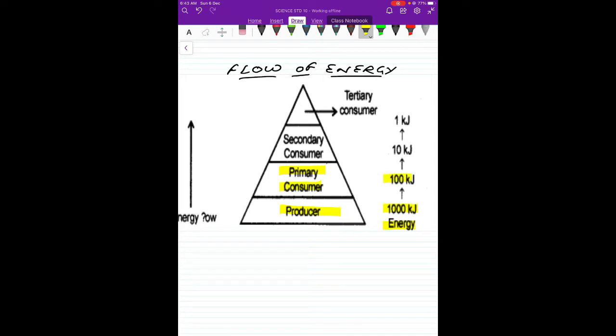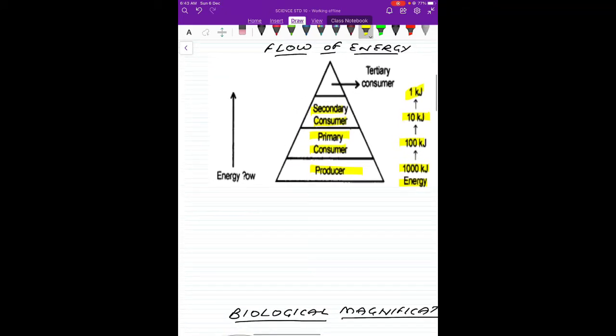The 10% is 100 kilojoules. This is eaten by the secondary consumer. 10% of 100 means 10 kilojoules. Then it is eaten by the tertiary consumers. So this is called the flow of energy. As we can see, successively the amount of energy transferred is becoming less and less.